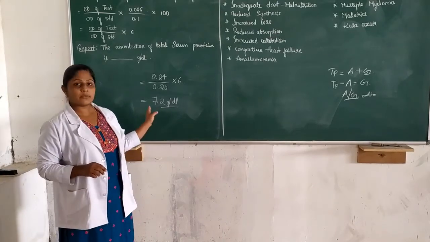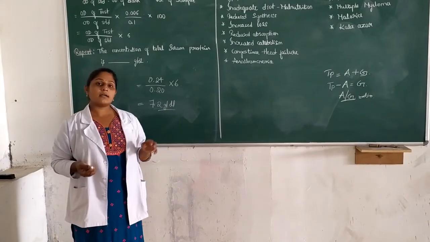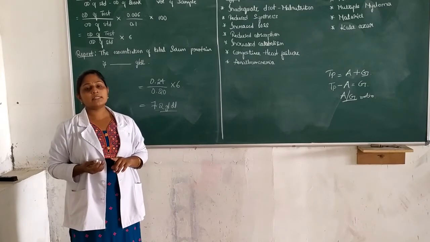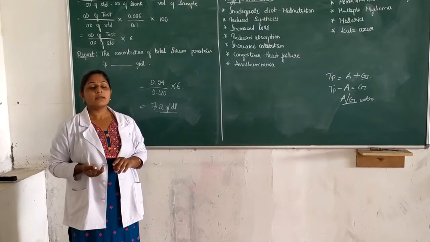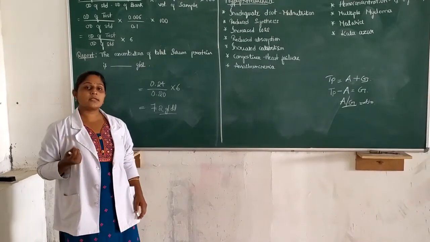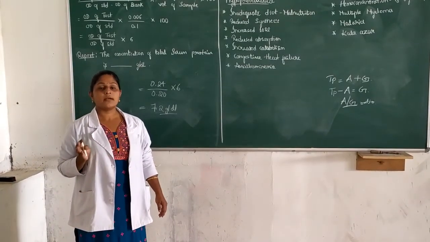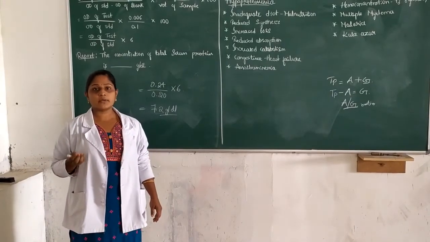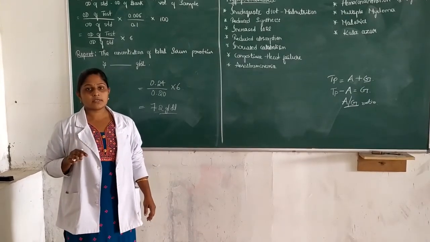So this is about the Biuret method, estimation of serum proteins by the Biuret method. There are different methods also, like Kjeldahl's method, Lowry's method, and the UV absorption method, that is the spectrophotometric method. Lowry's method is dependent on the tyrosine and tryptophan content. It is sensitive, but it is not routinely used. Whereas Kjeldahl's method takes days to get the protein report, so it is also not recommended for routine laboratory investigations.